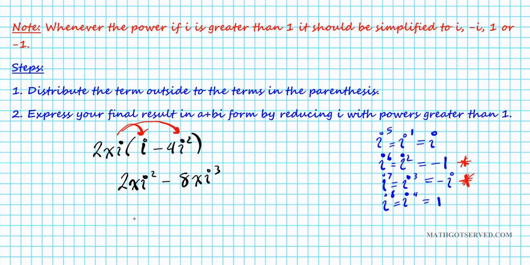So we're going to carry out the substitution here. 2x times negative 1 in place of the i squared, minus 8x times, instead of i to the third, we have i squared times i, which is negative i. So let's simplify that. This becomes negative 2x, minus times minus is plus 8xi.